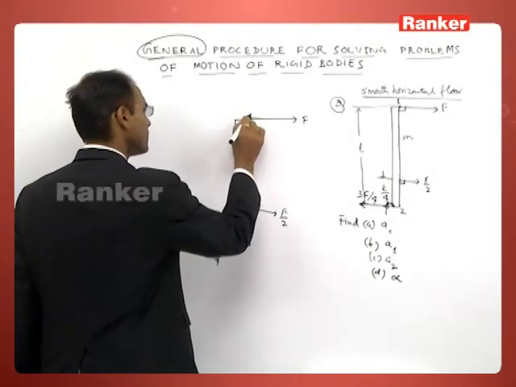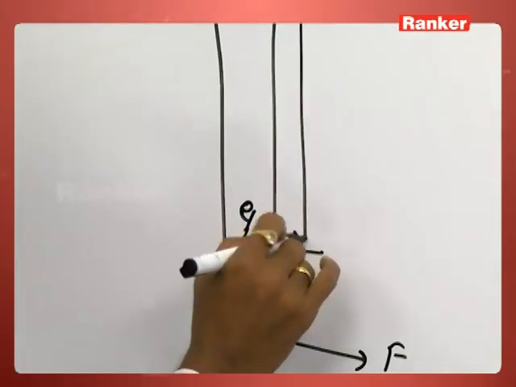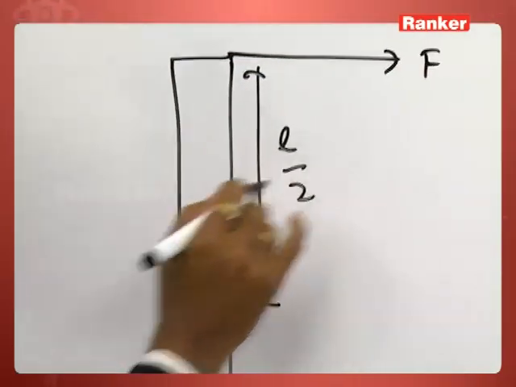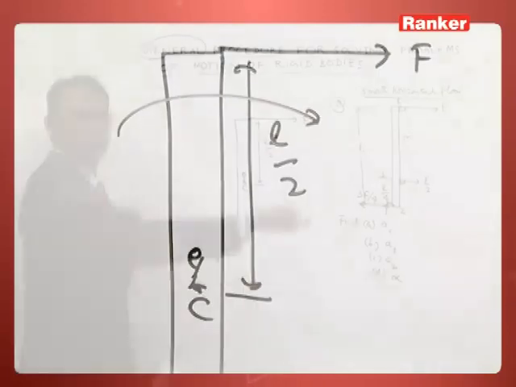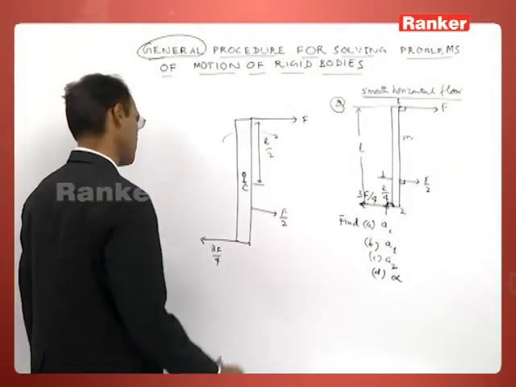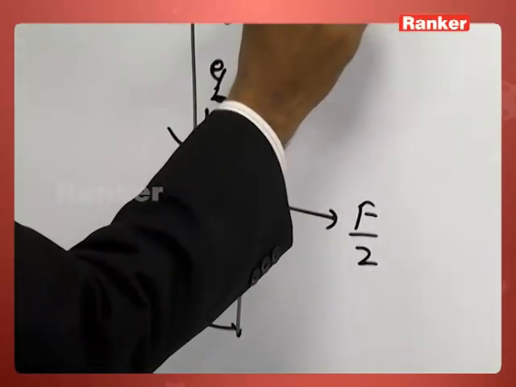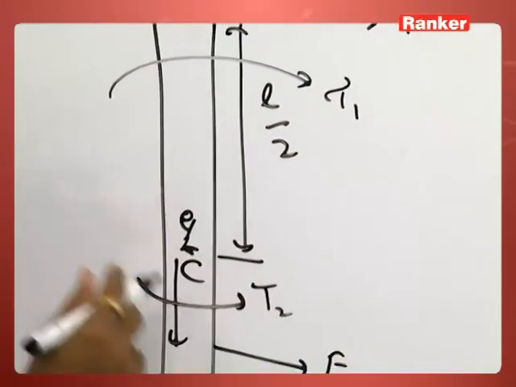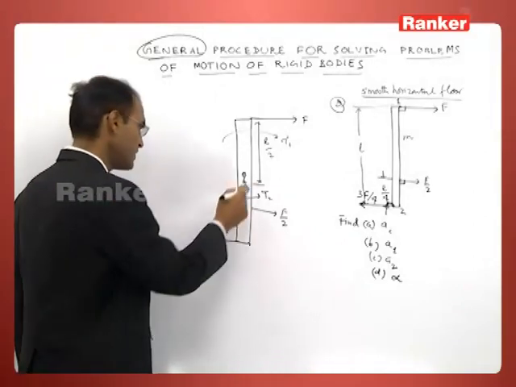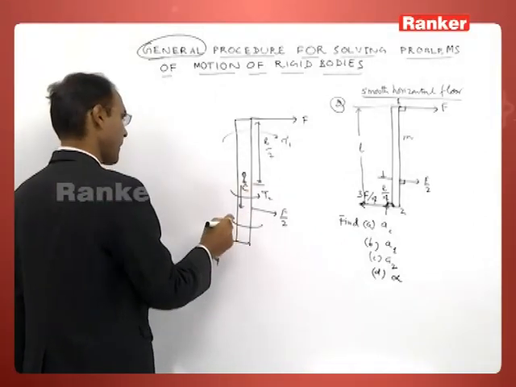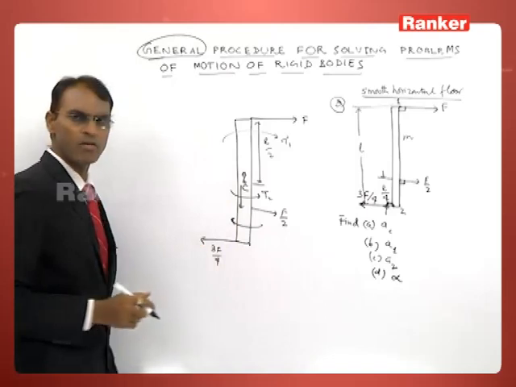This force F is producing a clockwise torque. This force is producing an anti-clockwise torque. This force is producing a clockwise torque about the center of mass.